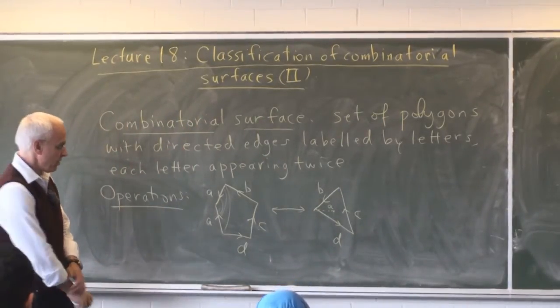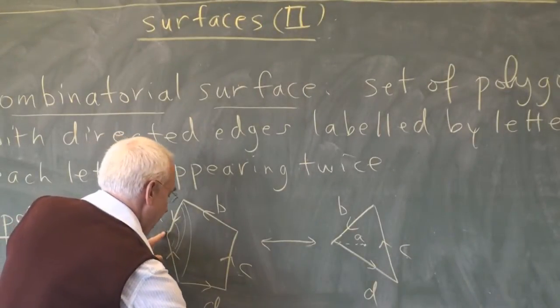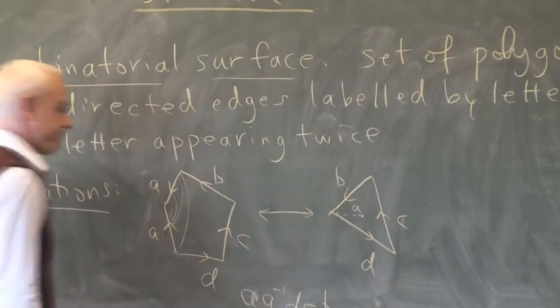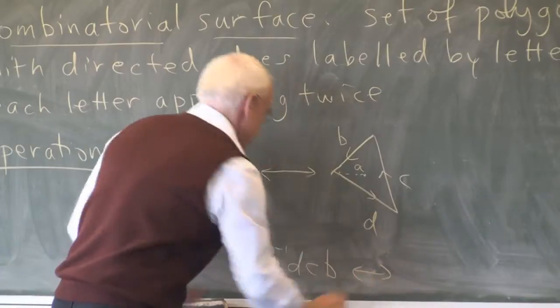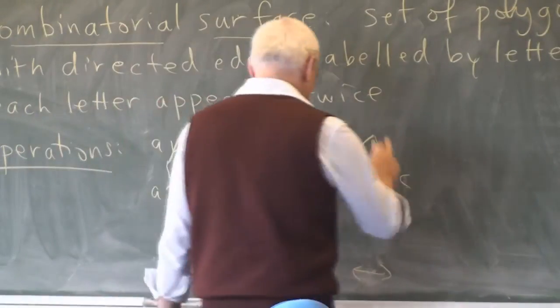So that's one thing that we can do. In terms of words, if we have a word, let's say we read A inverse, D, C, B, then we can replace that just by collapsing the A and the A inverse to D, C, B.